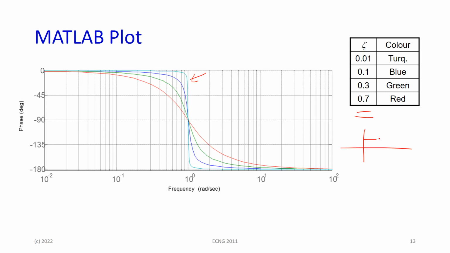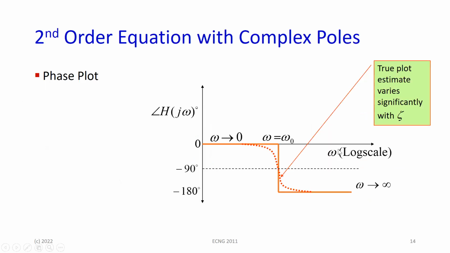As the damping gets higher, this peak goes down here, and the phase response transitions from 0 to minus 180, passing through minus 90. Everybody following that? Make sense?